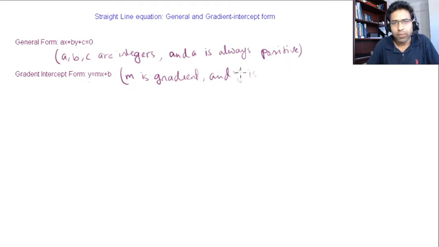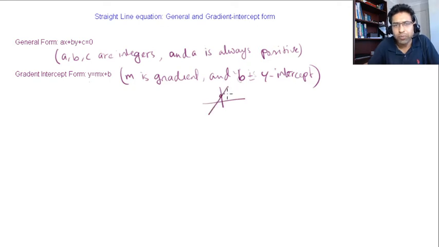So b is equal to the y-axis intercept. It means when you have a graph like that and the line passes through the y-axis, that point is called the y-intercept, and that distance from here to here is called b.